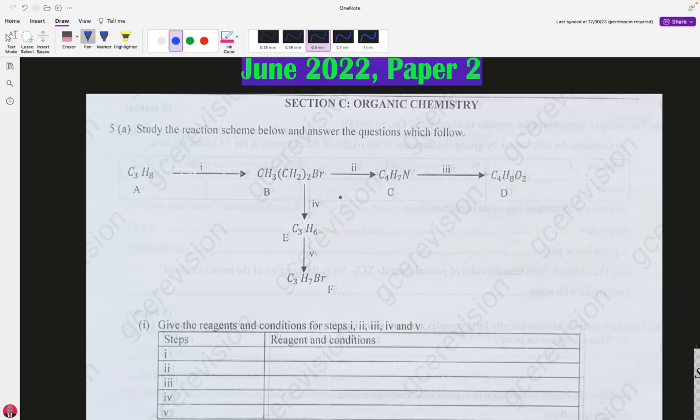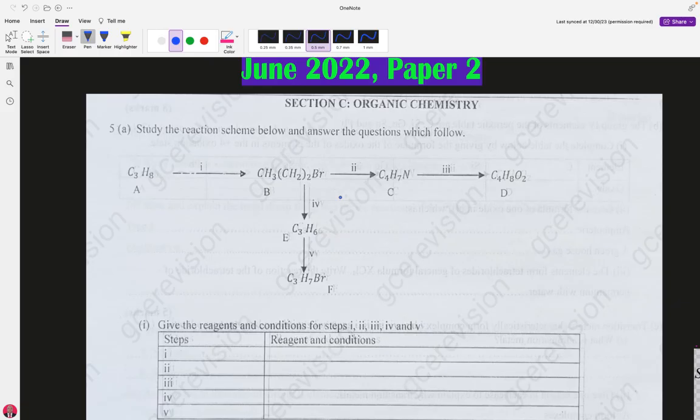In that case, the product is bromopropane. To convert it to a haloalkane, it's a substitution reaction. And what type of substitution reaction is that?